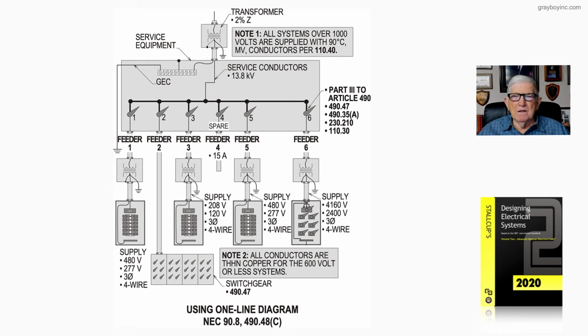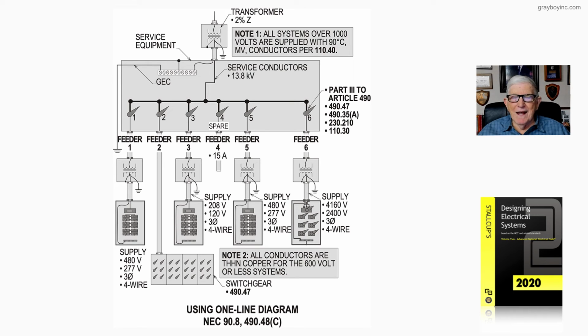When we go over now to overcurrent device number 6, that feeder goes down to a transformer, and the voltage is stepped down to 4160/2400 volt, 3-phase, 4-wire system. And then notice all your 600 volt type conductors, or 600 volt rated or less, in this illustration.